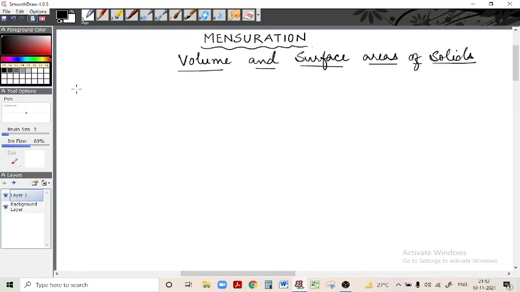Let us first discuss the cuboid. Our number one part is the cuboid.